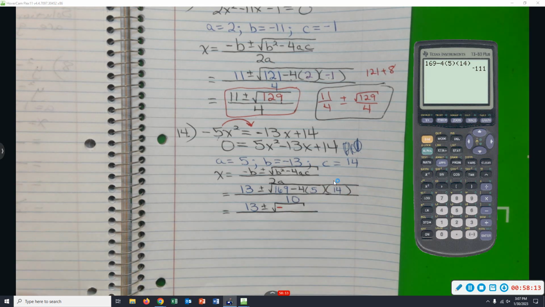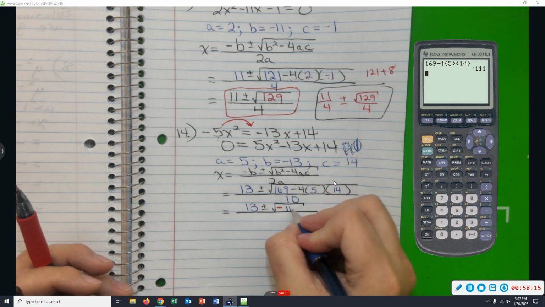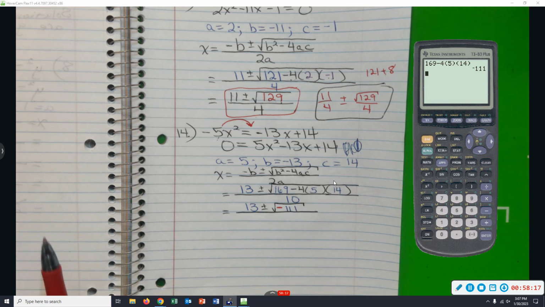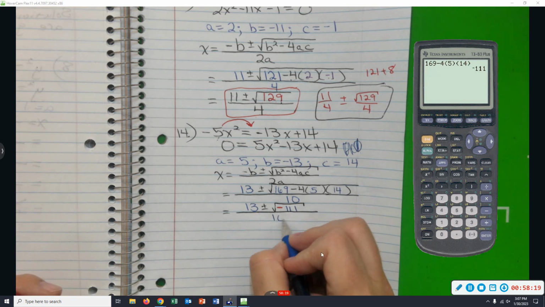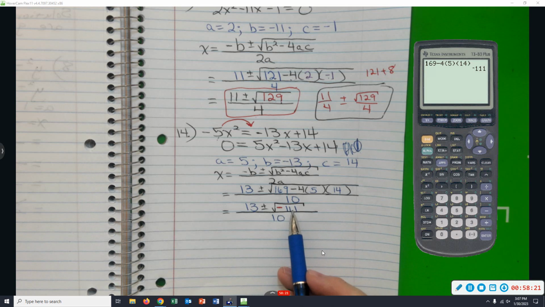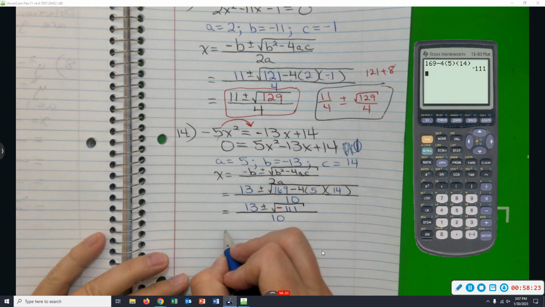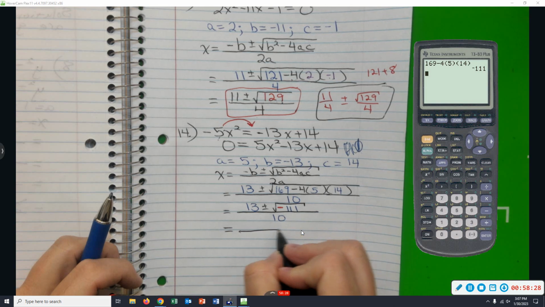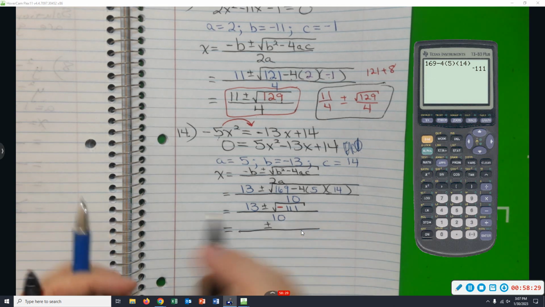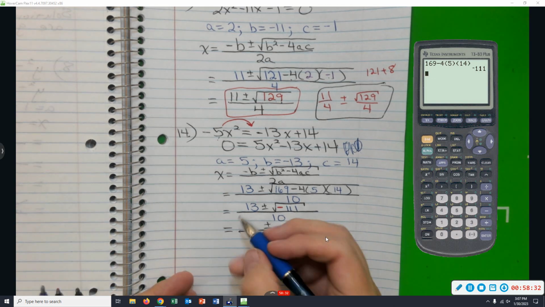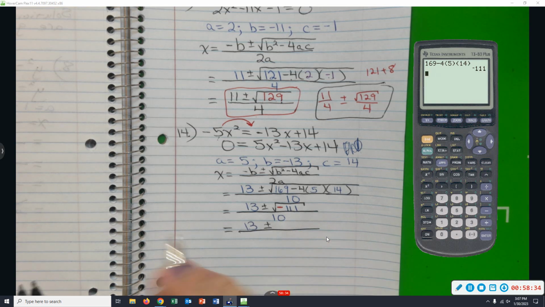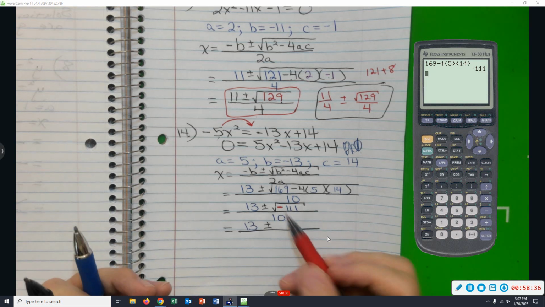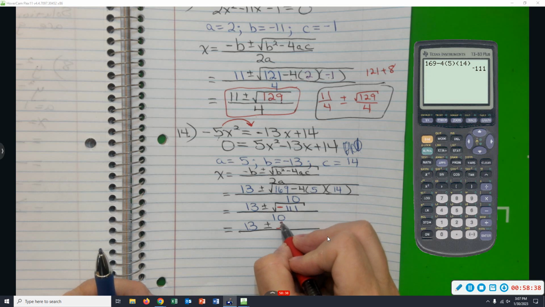Negative 111 all over 10. And so that negative 111, we're going to bring out the I. Y'all are really on the ball. So we're going to have a 13 plus or minus, there, bring out the I.